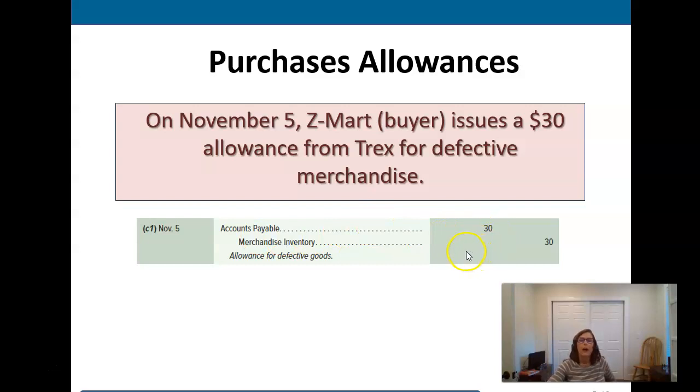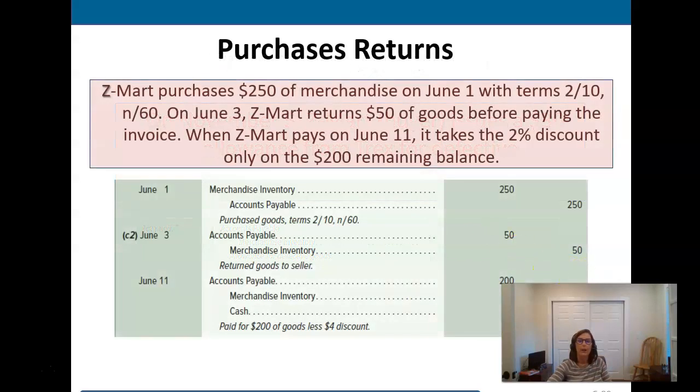But anyway, so we're going to reduce the merchandise inventory by $30, which is the amount of the allowance that we're going to receive as a result of this defective merchandise. And then we're going to reduce the accounts payable. Now, we haven't paid anybody yet. We're just going to reduce the amount on our books that we owe as a result of this defective item.